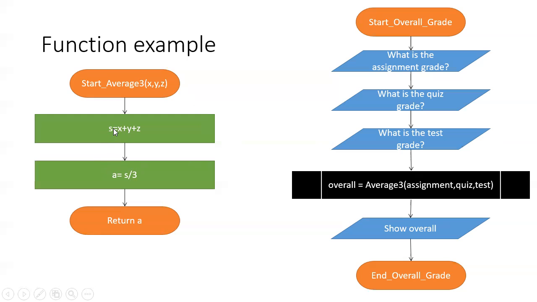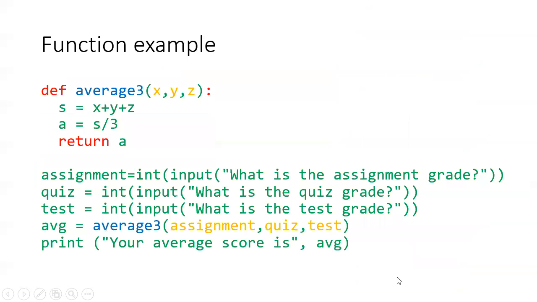Then they are operated on, and a new variable called S is created, which is the sum of them. Then another new variable called A, which is S divided by 3. And then A is returned out. What will happen is overall we'll take the value of whatever is A, and then we can print it out.